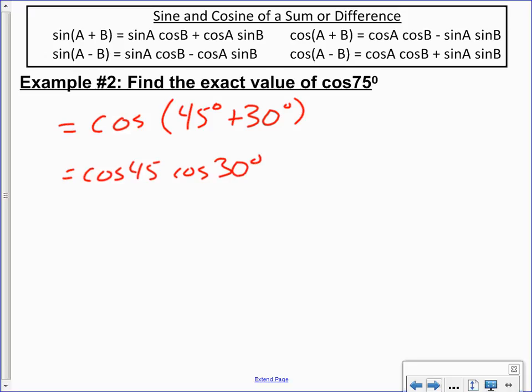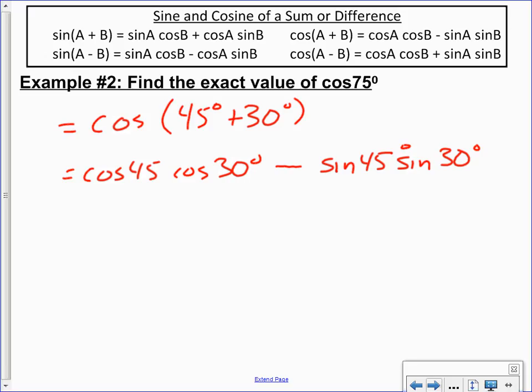Since it's a sum, the original sign is going to be a minus in between. Then sine 45, sine 30. It's the same stuff as before, just a minus this time.